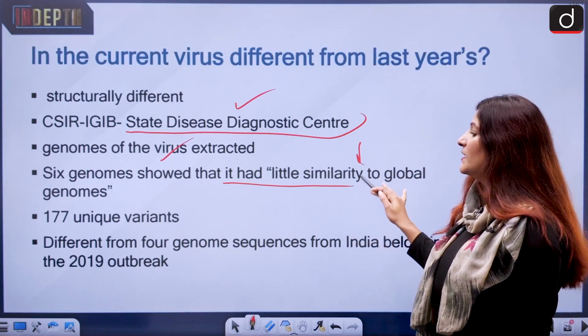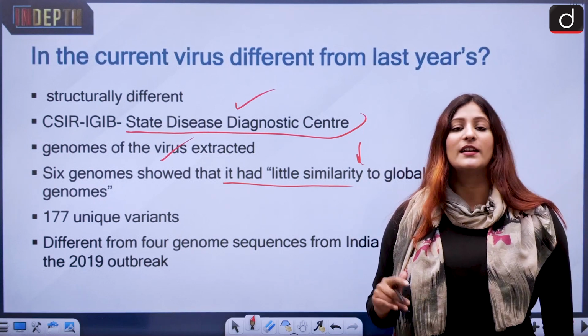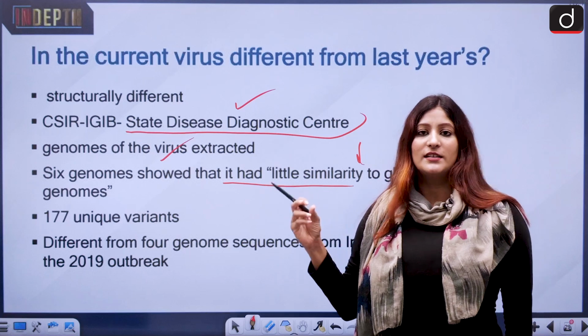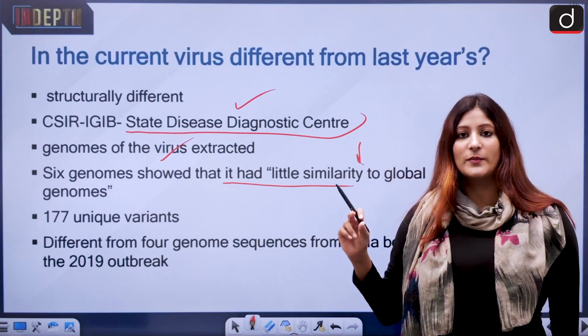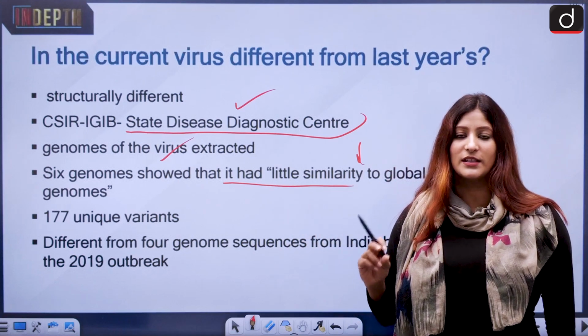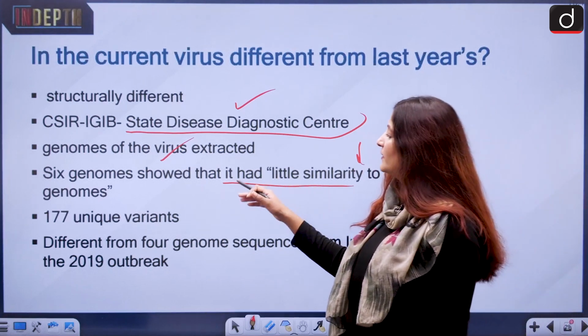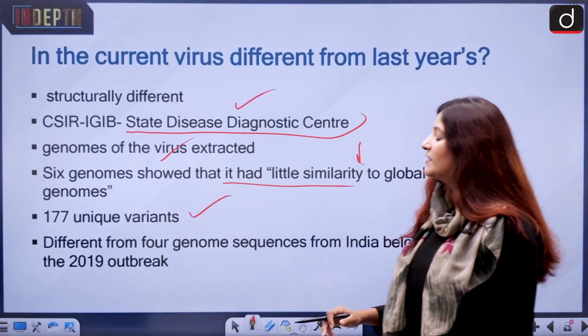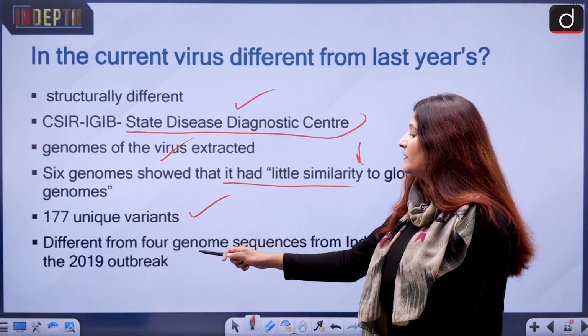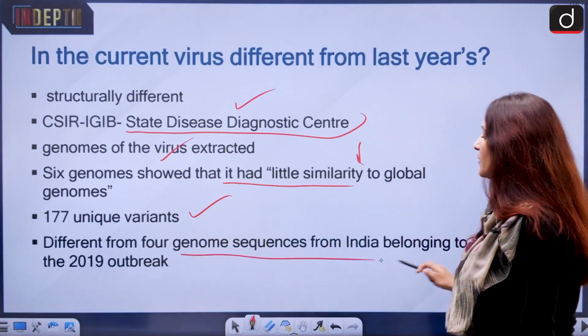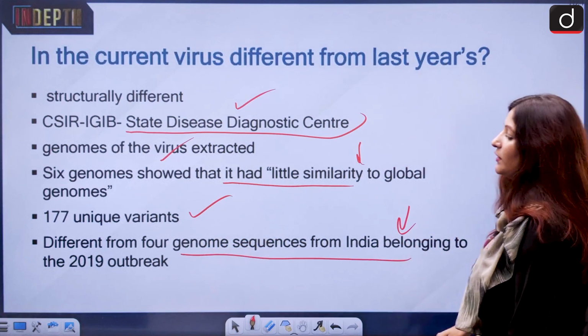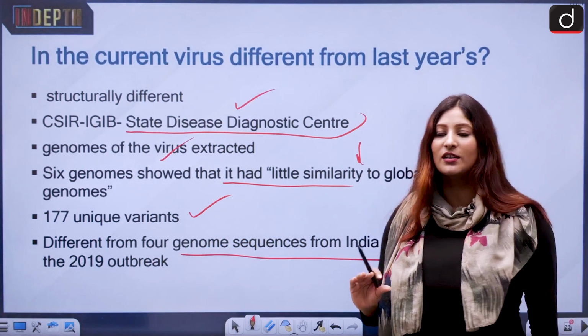And this was made available through the gene bank, in which the DNA of the last, 2019 outbreak, was stored. That virus was stored. So it was different. 177 unique variants came, and it is different from the 4 genome sequences from India belonging to the 2019 outbreak. So there are structural differences.